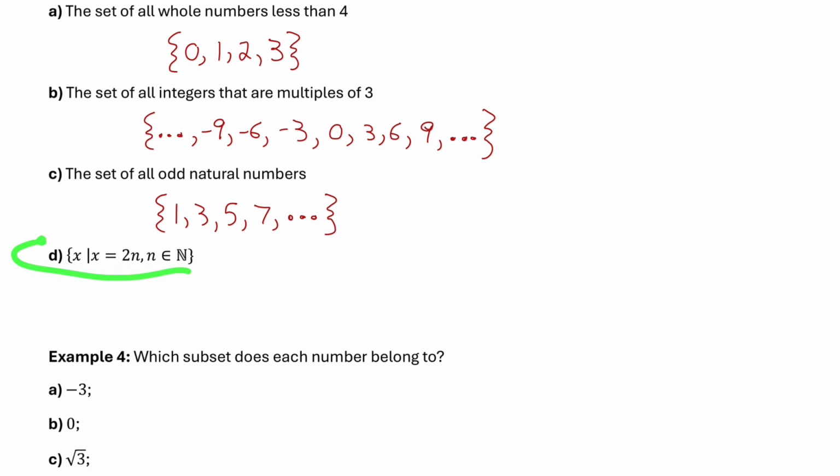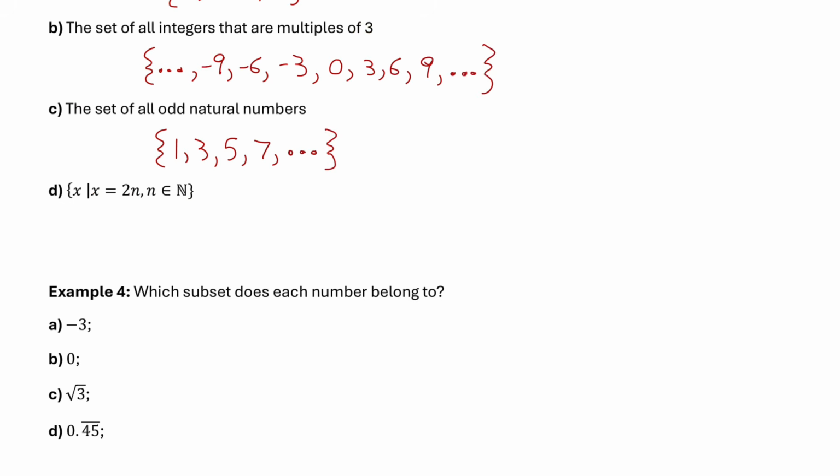And then part D is given in set builder notation. It says the set of all x values given x is equal to 2n, where n is an element of the natural numbers. So to make that list, let me just write down the set of natural numbers off to the side here. So this notation just tells me I need to do 2 times n to get the elements of this set, where n could be any number that's an element of this set.